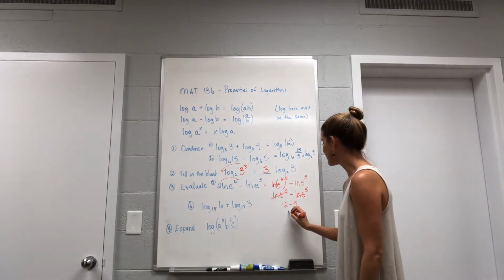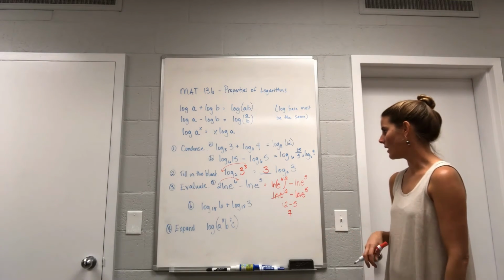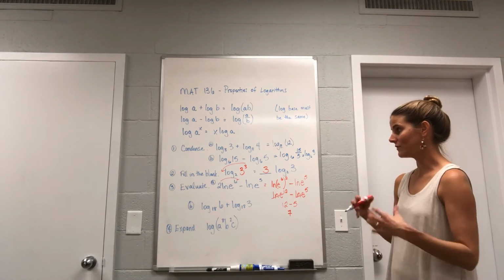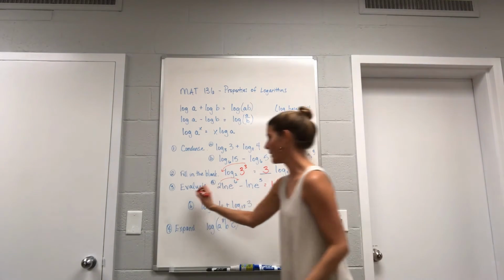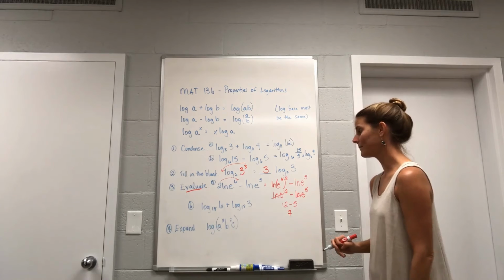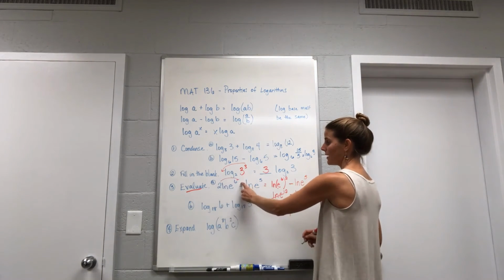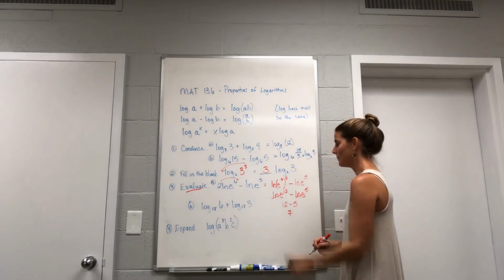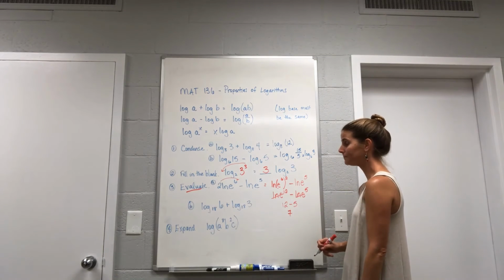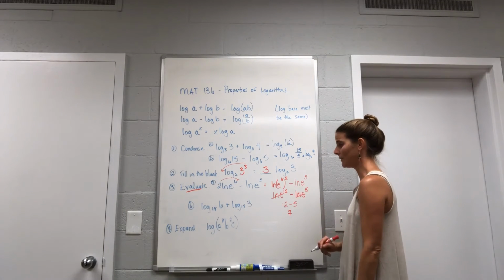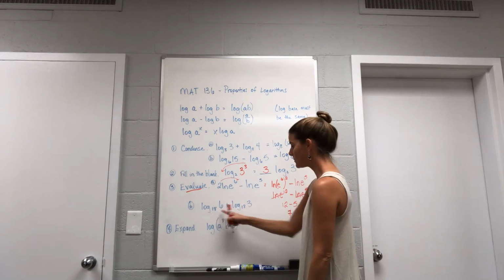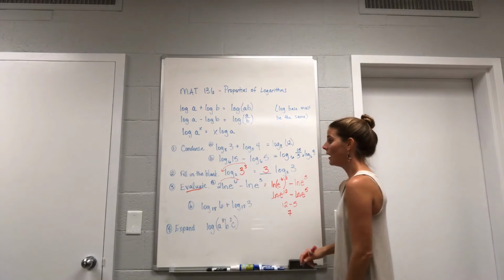So then 12 minus 5 is 7. And that would be evaluating that. So we're actually finding a value. Again, when you see that word evaluate, that means you're finding a value for that. So we're bringing that exponent up, multiplying that power, because it would be a power to a power, and then eliminating that ln e.